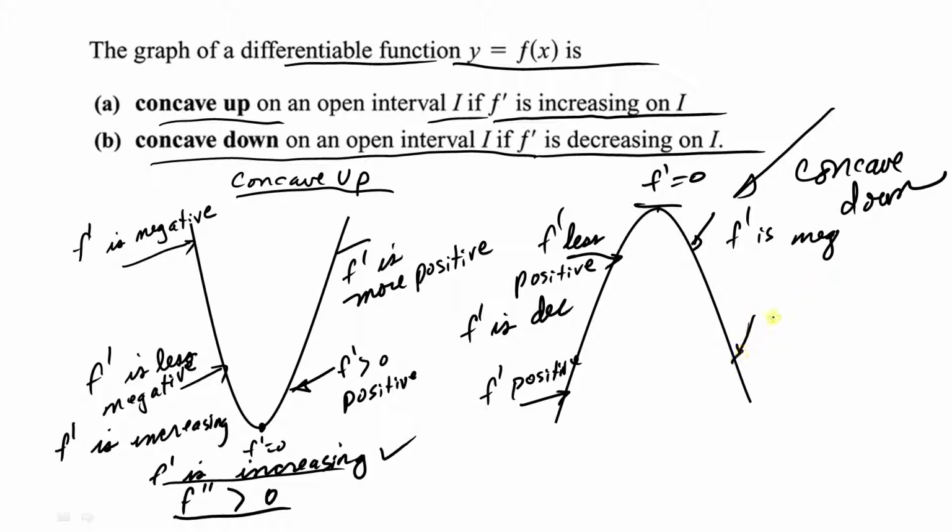And further down, f prime is more negative. So f prime is again decreasing.